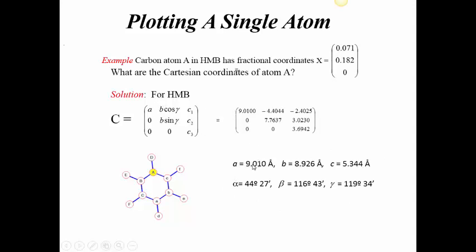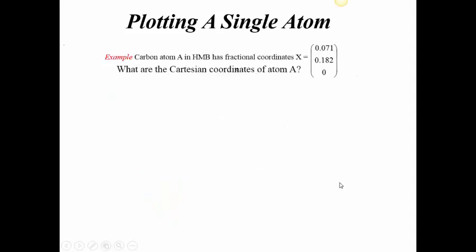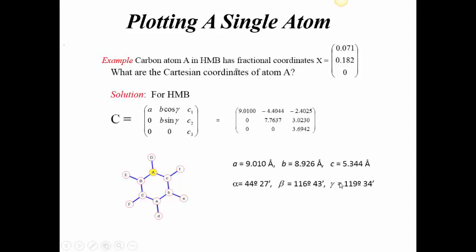You can see the A is right here, here's the 9.01, and then we have B cosine gamma. Well, gamma is very close to 120 degrees.